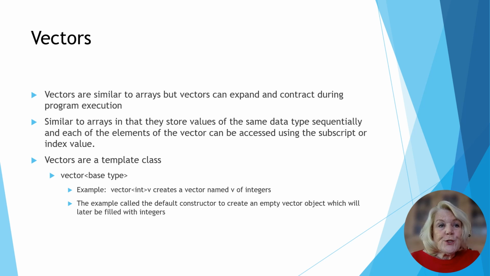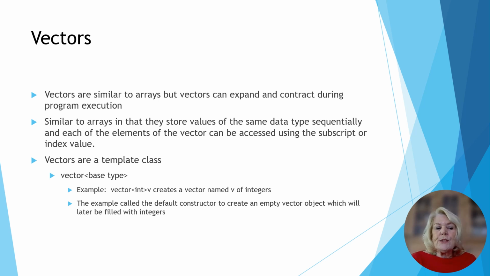Vectors are similar to arrays, except they can grow and shrink as the program is running. Similar to arrays in that they store values of the same data type sequentially, and each of the elements of the vector can be accessed using the subscript or the index value. Vector is a template class.